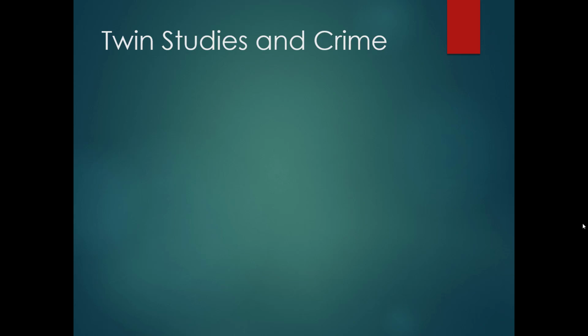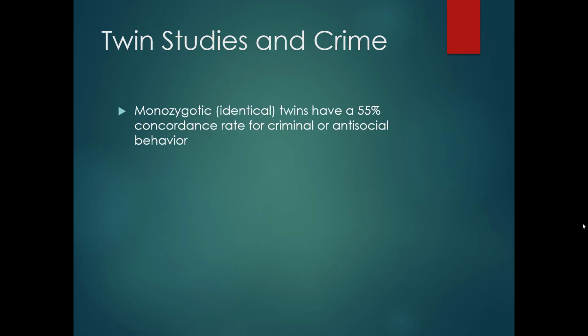So, for example, in the 1980s, there were several researchers who started looking at what we call twin studies. If you look at monozygotic twins, these are twins who share 100% of their genetics. So what you do is you look at what's called a concordance rate.